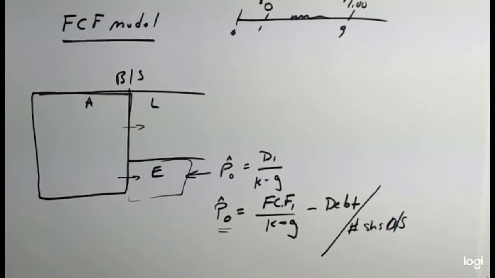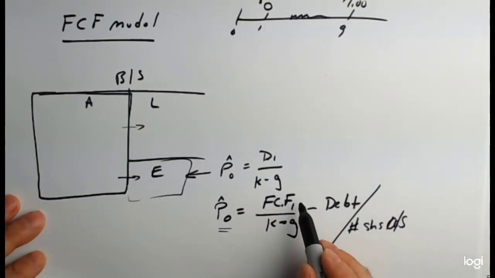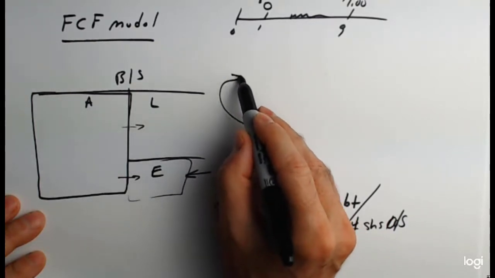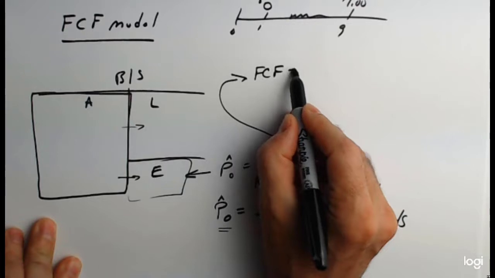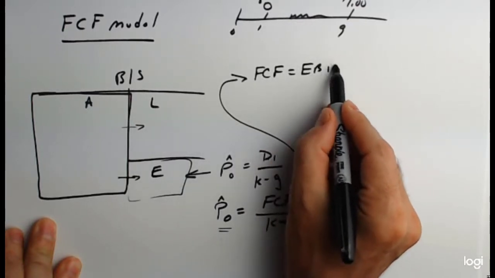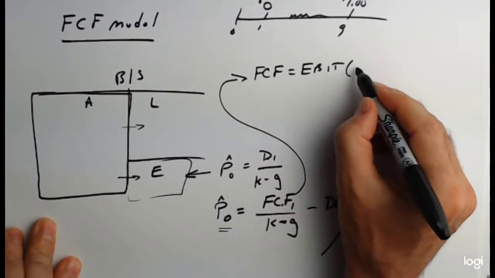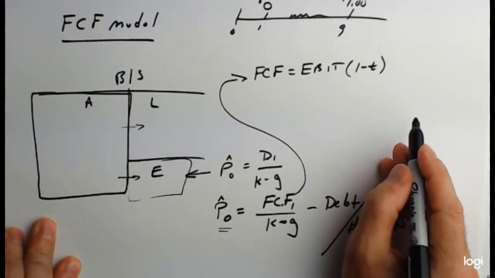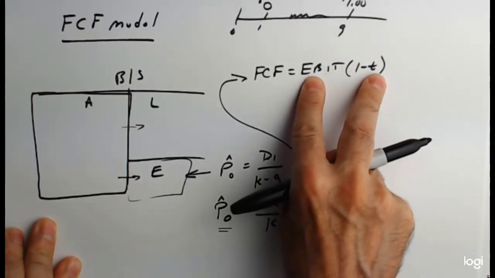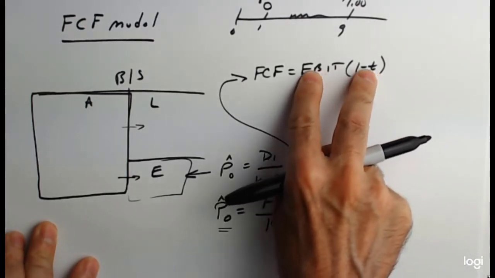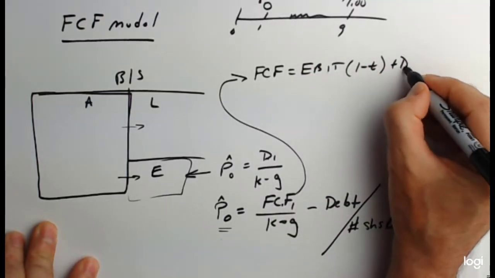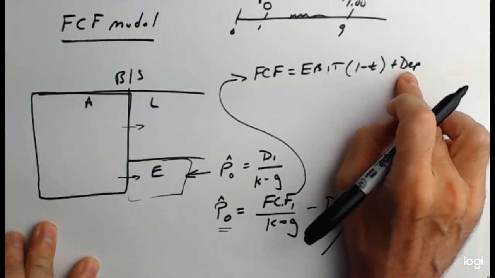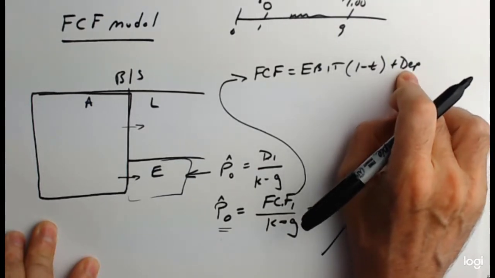So now we've got to estimate the free cash flow. The free cash flow is estimated this way. It's the earnings before interest and taxes, adjusted for taxes. So basically what we've left out is interest expense here, and I'll explain that in a second. Plus depreciation, because remember, depreciation doesn't affect cash flow.